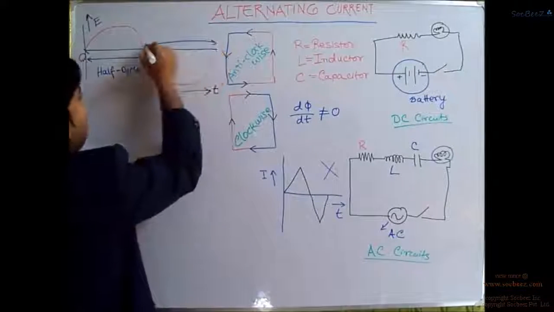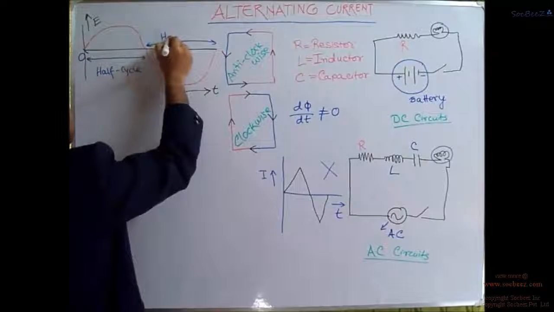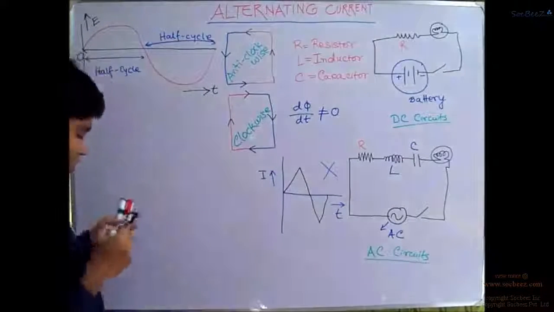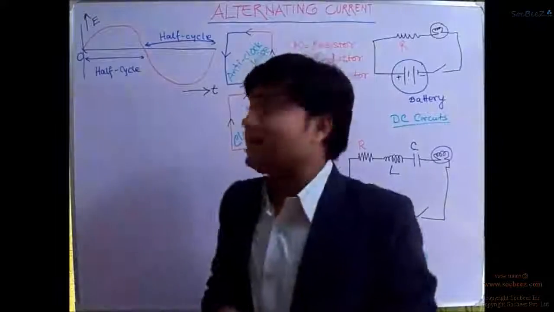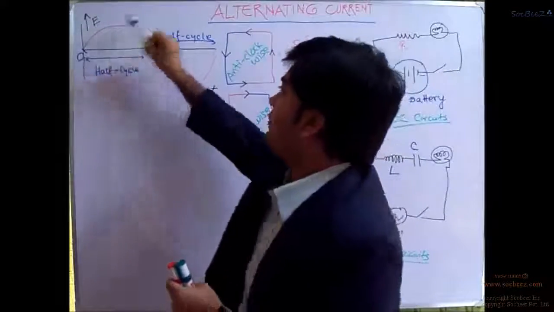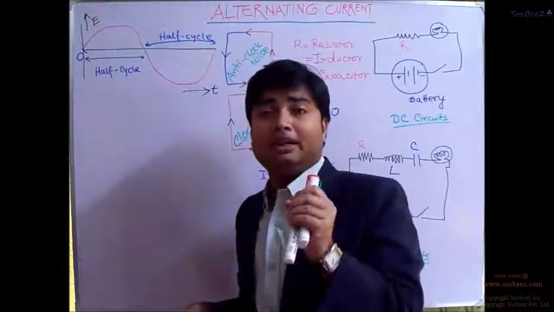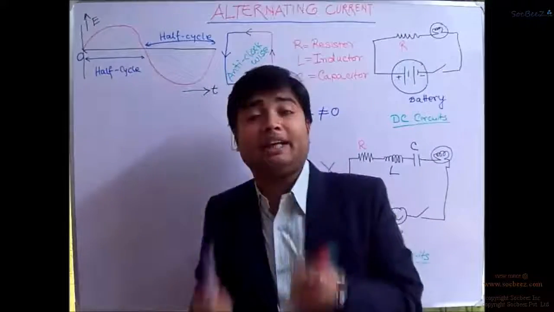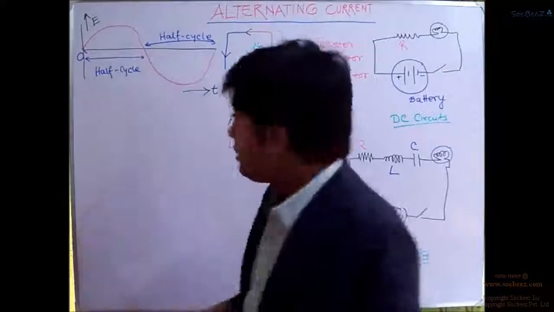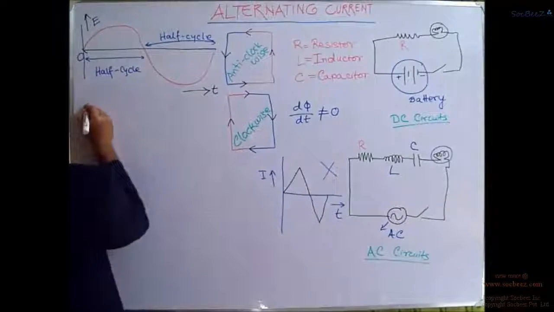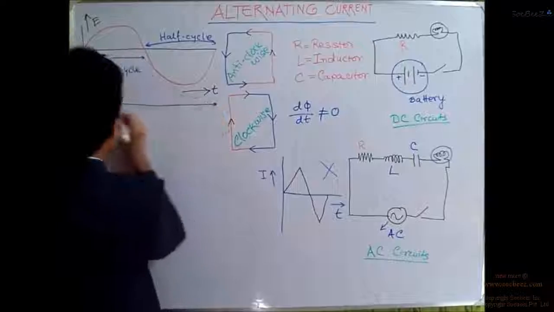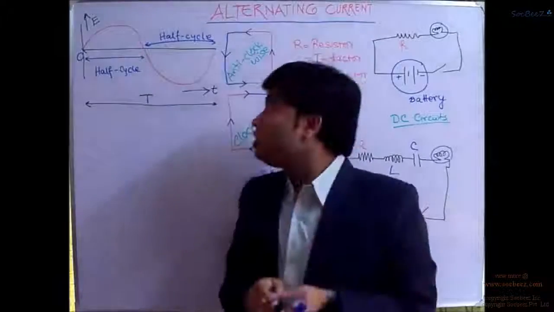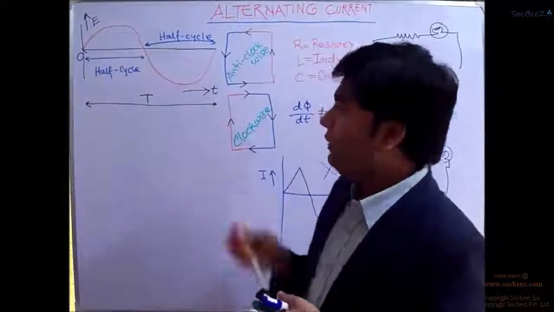Likewise, this area is known as another half cycle. If we take, for example, the alternating current, this kind of waveform, the time period is capital T, which means to cover from over here to over here, it will take the time of capital T. So if this time is equal to capital T, what will the time of the half cycle be?